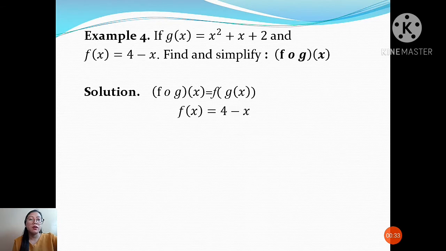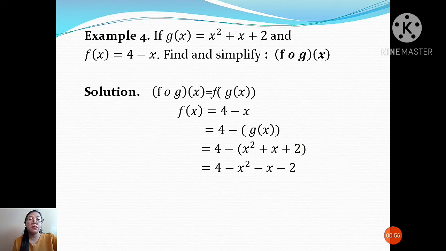Then we write the main function, f of x, which is 4 minus x. Now we plug in the input function, so it becomes 4 minus g of x. Then substitute the given function for g of x, so it becomes 4 minus the quantity x squared plus x plus 2.